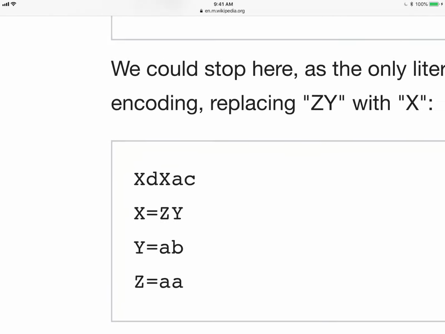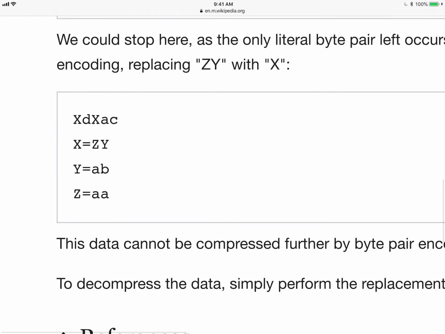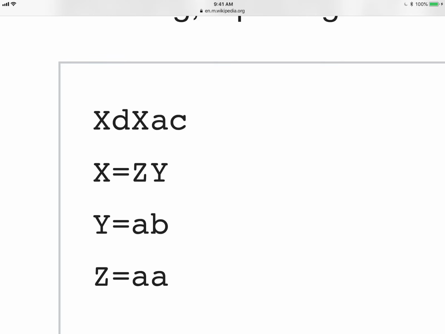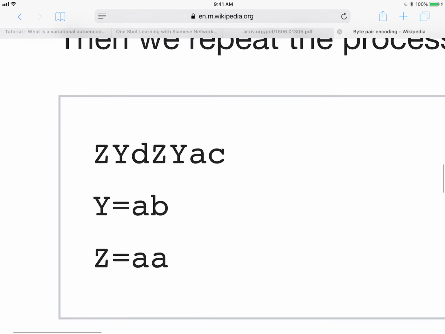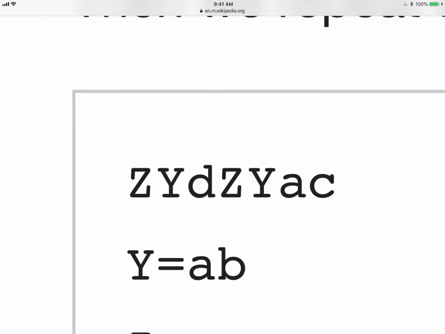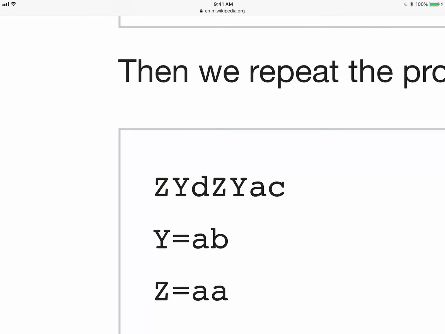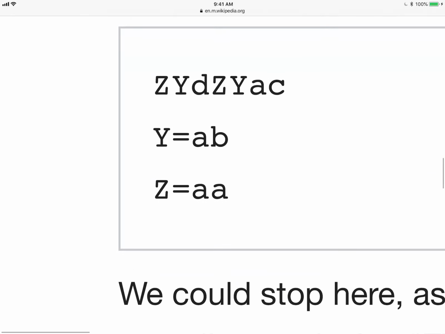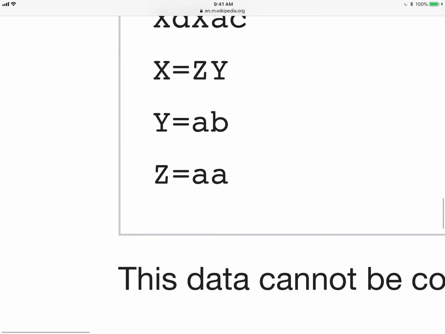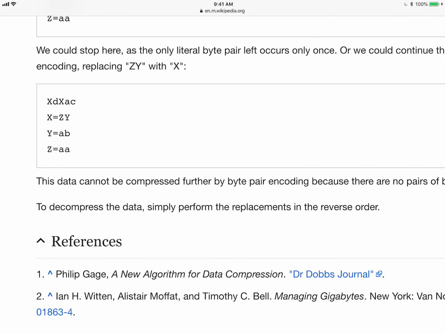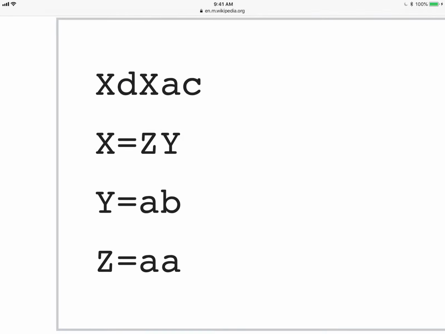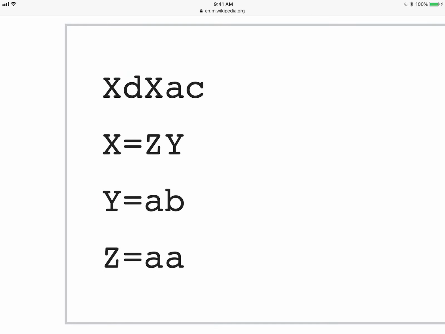In this case, the most frequently appearing one was ZY, which appeared twice, right? So here Z and Y are considered as another kind of character. This is done until we no longer find any frequently appearing bigram of our characters.